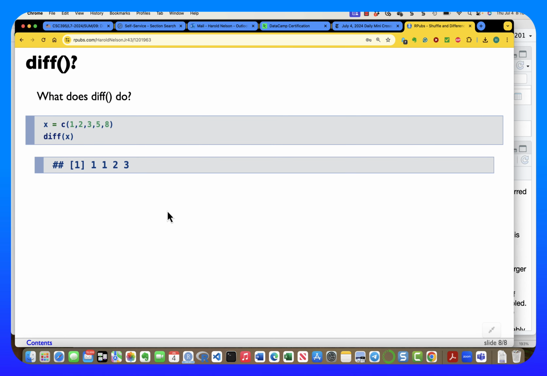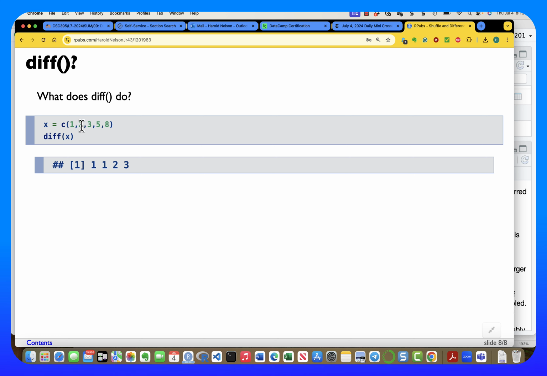And you might want to know, what does diff do? Well, again, I created a simple vector. This is not just 1 through 5, it's 1, 2, 3, 5, and 8. And then I said, let's look at the diff of x. Notice that here what I've got is a 5 long vector. Here the diff of x is a vector which is of length 4. And where does this 1 come from?